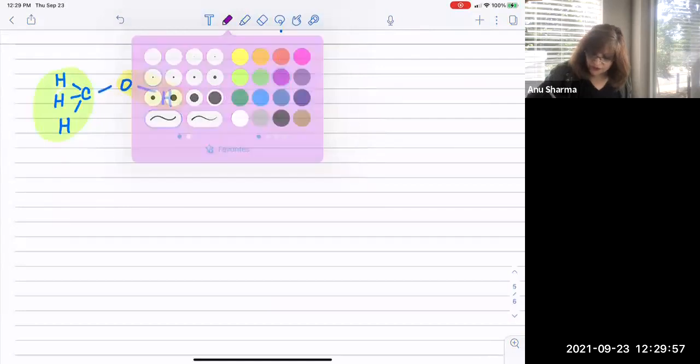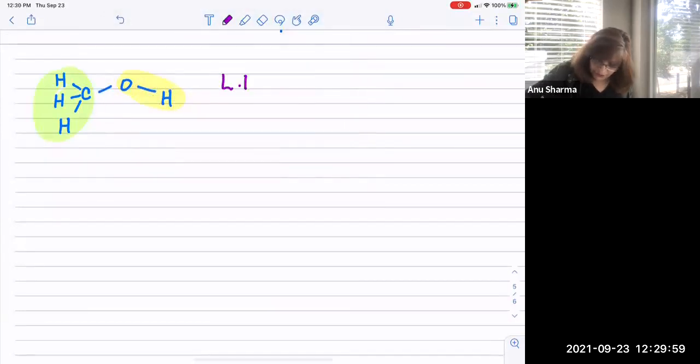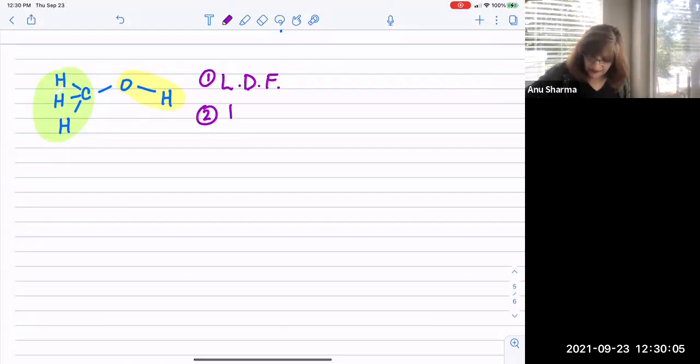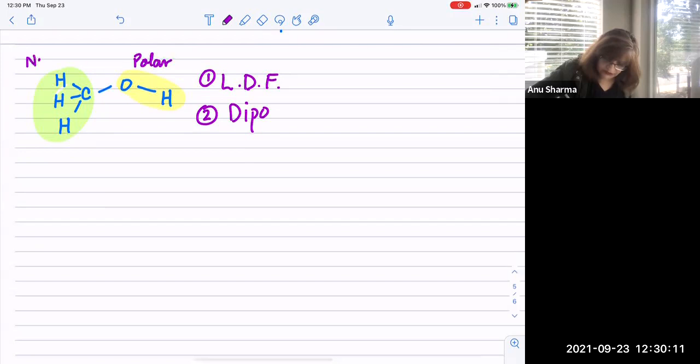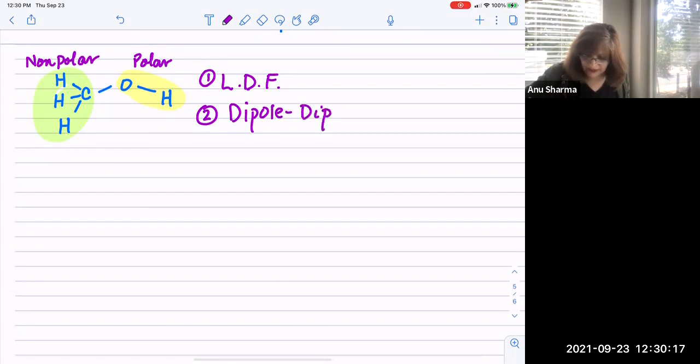London dispersion forces are present in all molecules, number one. Number two, there is dipole-dipole because one side is the polar side and this is the non-polar side we talked about already, so there is a dipole present.